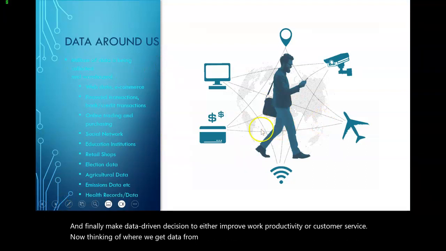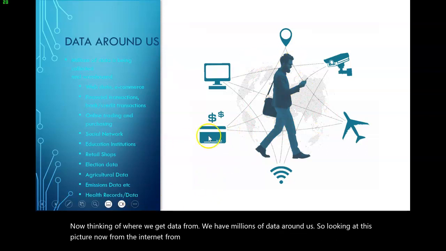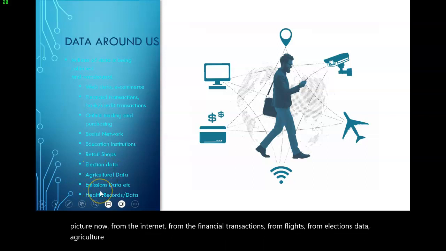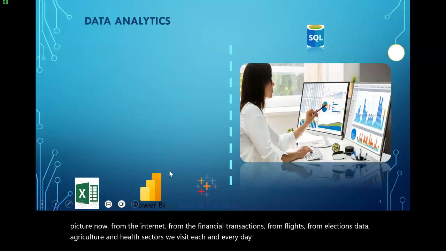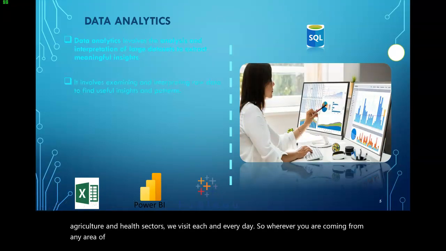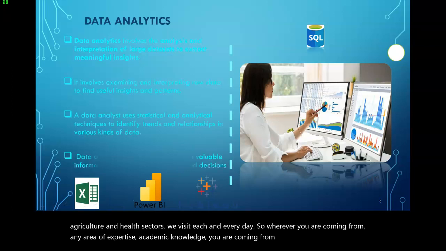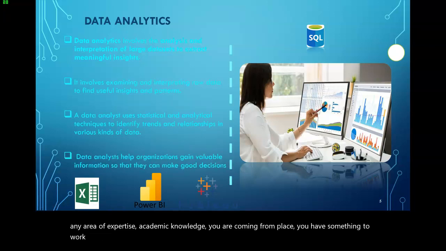Looking at this picture from the internet, financial transactions, flights, elections data, agriculture, and health sectors we visit each and every day. So wherever you are coming from, any area of expertise or academic knowledge, you have something to work on, and this area is very important.